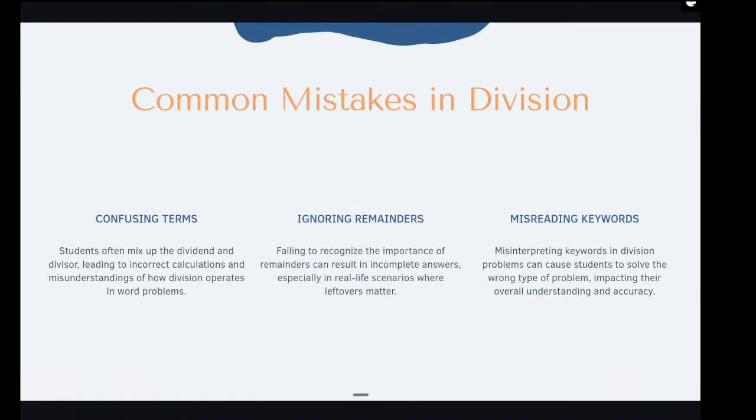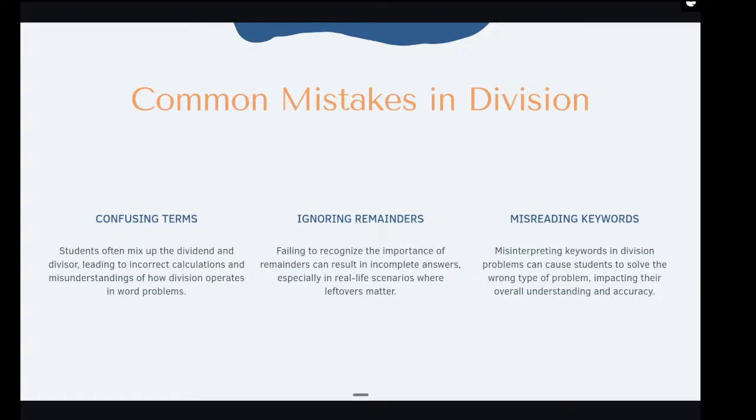Common mistakes in division. Confusing terms. Students often mix up the dividend and divisor, leading to incorrect calculations and misunderstanding of how division operates in word problems. Ignoring remainders.